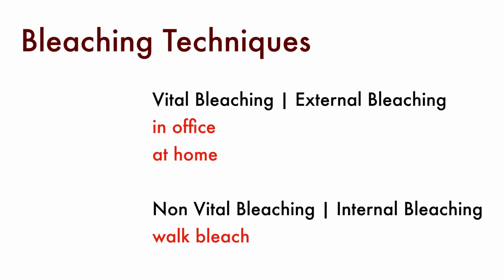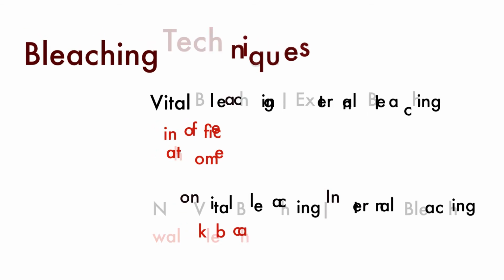Repeated treatment applications are often necessary. Vital bleaching is accomplished either completely in the dental office, called power bleaching, or outside the dental office, called home bleaching. Non-vital teeth can be bleached with an intracoronal technique or an inside-outside technique.